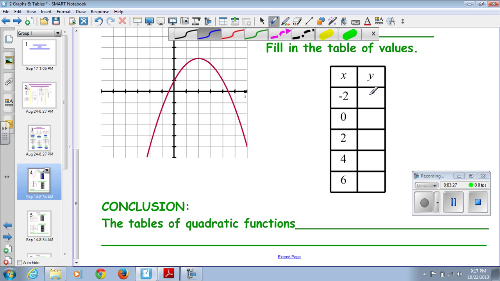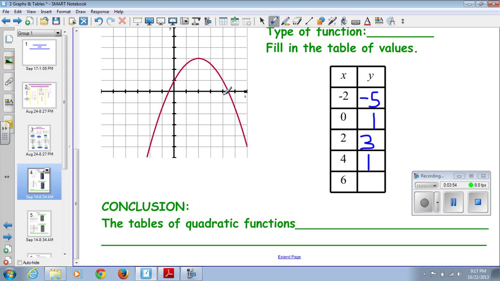So let's fill our points in. When x is -2, y is -5. When x is 0, y is 1. When x is 2, y is 3. When x is 4, y is 1.